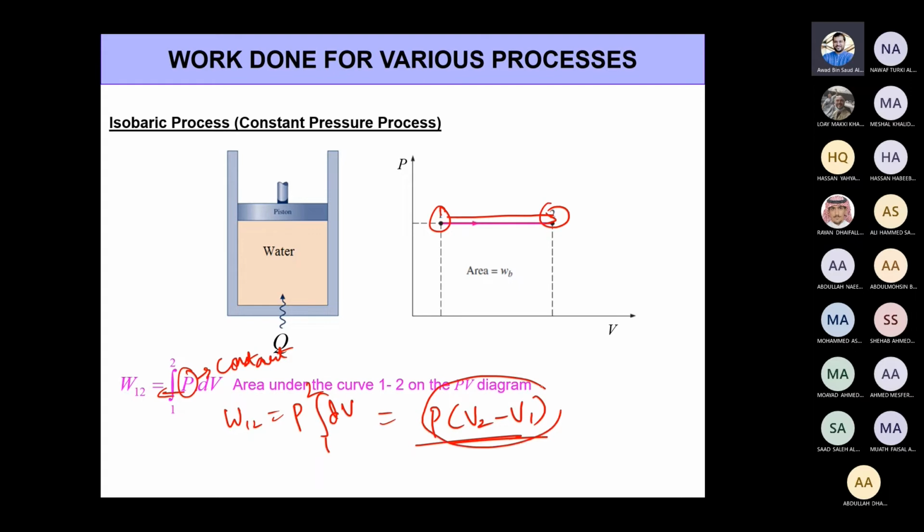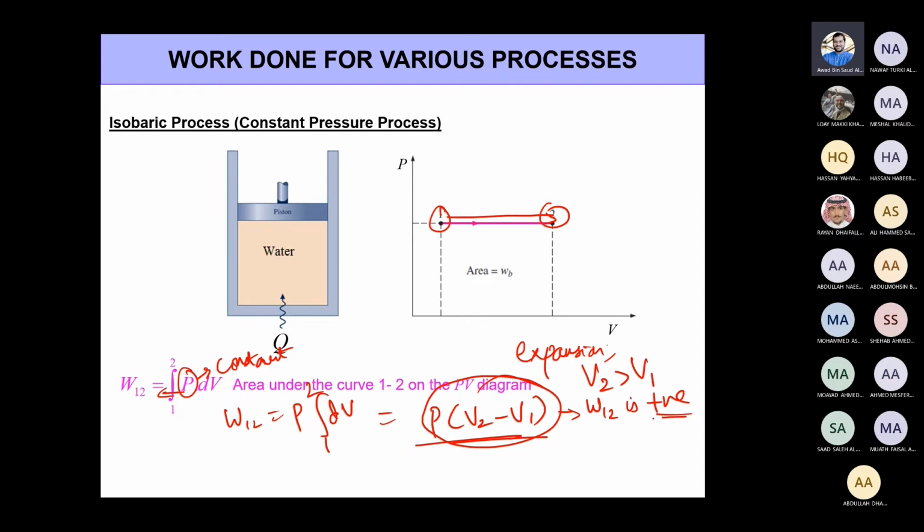Now again, this is representing a situation where expansion is happening. If expansion is happening, then by default V2 is going to be greater than V1. The gas is expanding, so its volume is going to increase, which means that the work output, W12, is going to be a positive quantity.